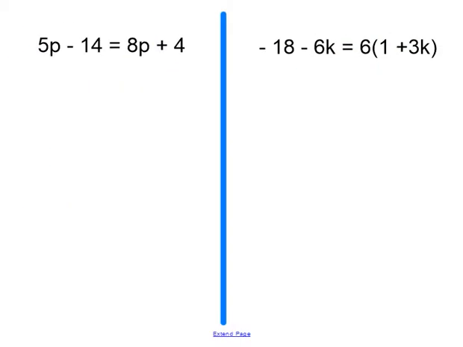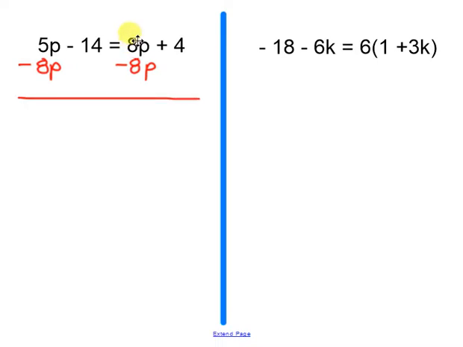All right, next problem. So here we have 5p minus 14 equals 8p plus 4. No distributive property. On the left-hand side, we don't need to combine like terms, and on the right-hand side, we do not need to combine like terms. So we need to take this 8p and start to move it over to the left. So positive 8p, then we have minus 8p, minus 8p.